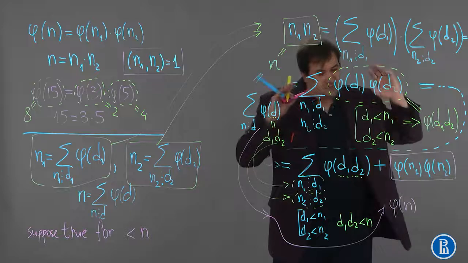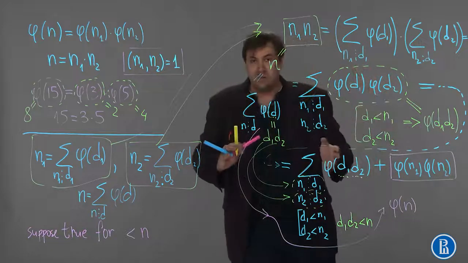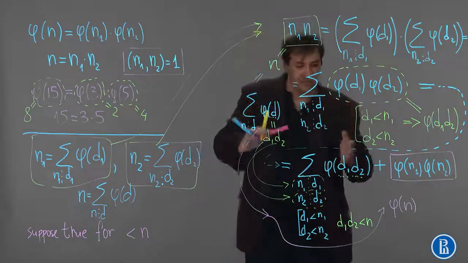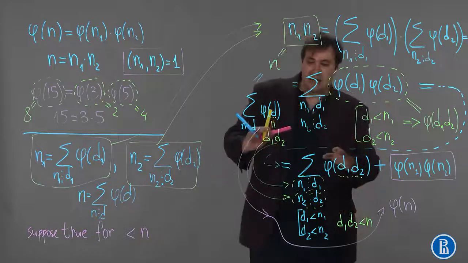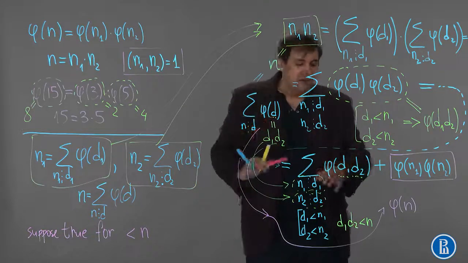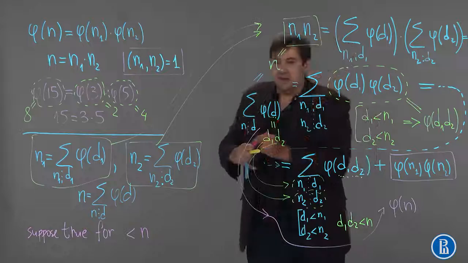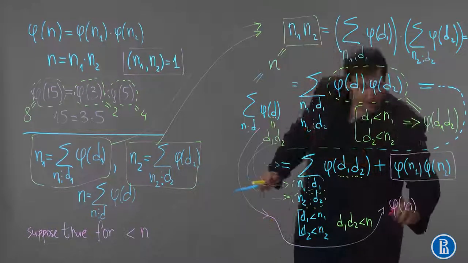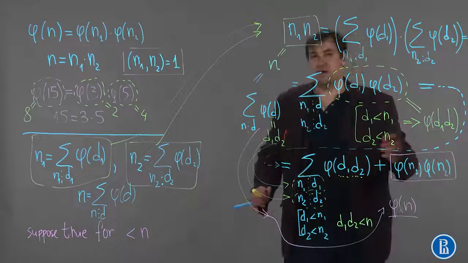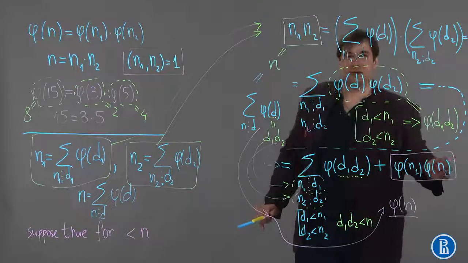And if we just remove all the extra summands, all the summands that are the same here and here, on the left-hand side, this one will remain, and on the right-hand side, this one will remain.